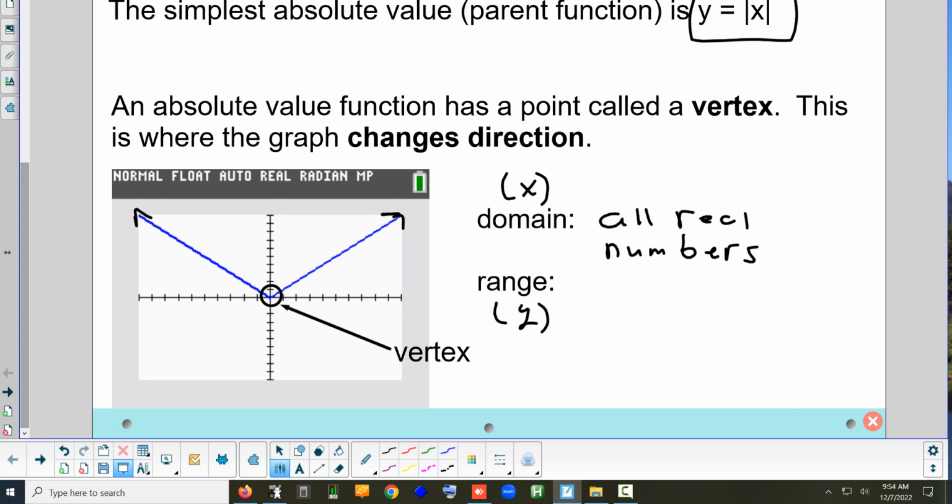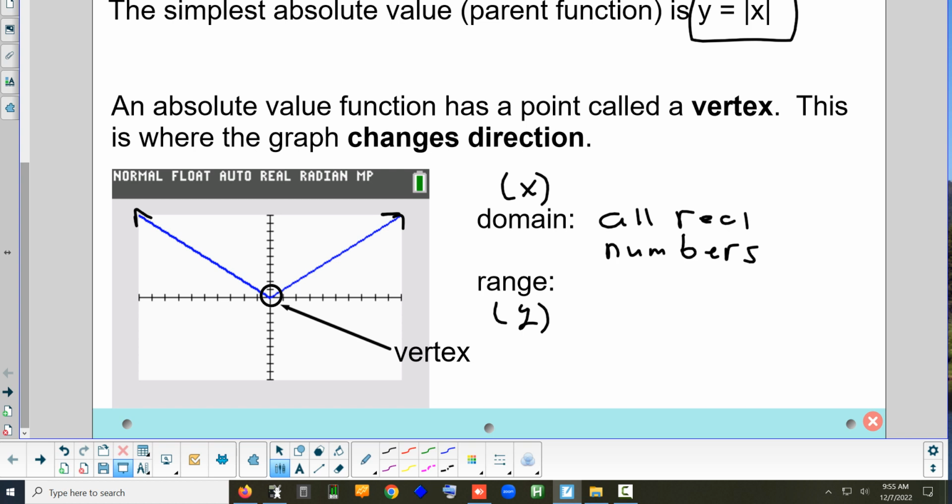So if it goes up forever, then that means it only goes down to a certain point and then it must stop. Otherwise, we would have said it goes down forever, but it doesn't. What does it look like the lowest this graph goes is? What's the lowest that it goes before it doesn't go down anymore? Yep.